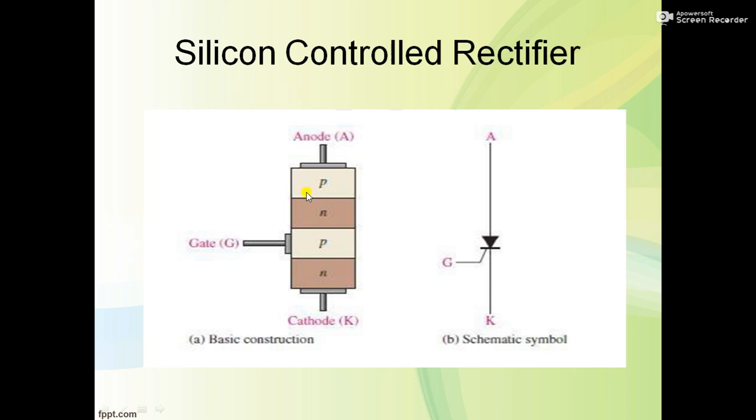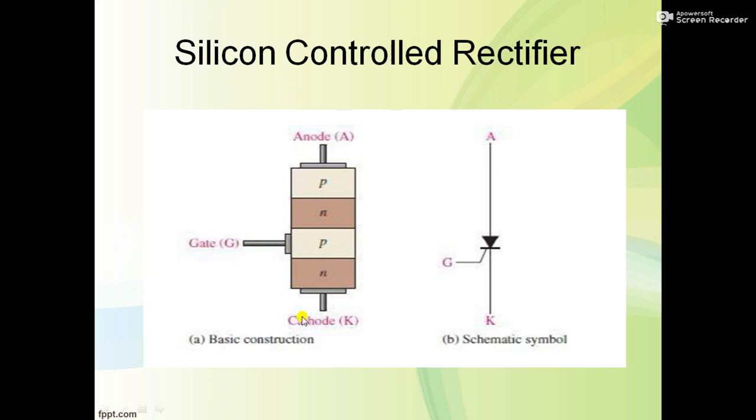The outer P layer is considered as the anode terminal, that is the positive terminal, and the other outer layer, the N layer, is called the cathode, that is negative, and the middle P layer is considered as the gate terminal.